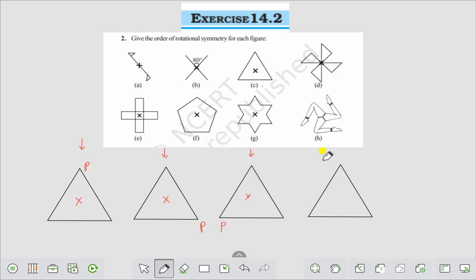And if I again turn this one, the P will come here. Then we complete 360 degree, and this is position 3, and it looks the same as the original triangle. This is figure 1, figure 2, and this is figure 3.